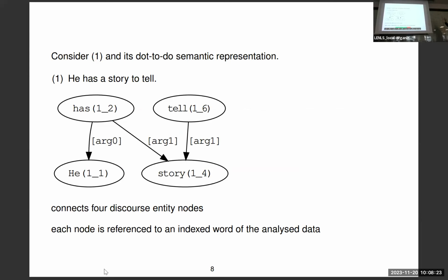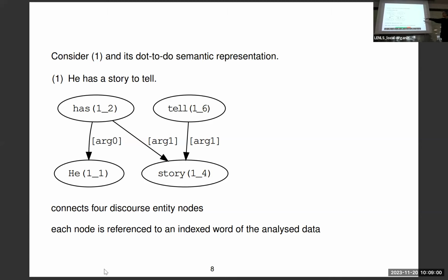This he is an unresolved pronoun here, so it occurs as an unresolved pronoun, a discourse entity that presumably is going to be linked in some way to something else. And we've got this argument information. So arg0 is basically the subject or agent of the having, and arg1 is the object, or the thing had.